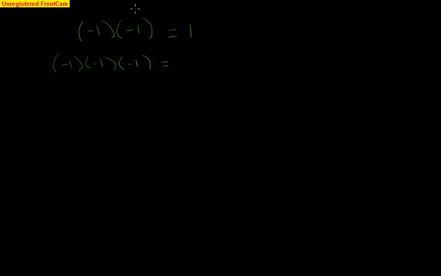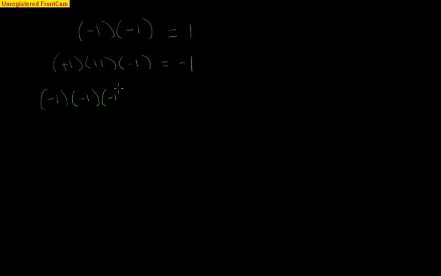We can multiply 1 by itself as many times as we want. The question is, is this positive 1 or is this negative 1? And every pair we kind of think of as canceling each other out. And so negative 1 times negative 1 times negative 1 gives us a negative 1 because we have a pair, but then we have 1 left over that doesn't cancel out. That's one way to think of it.